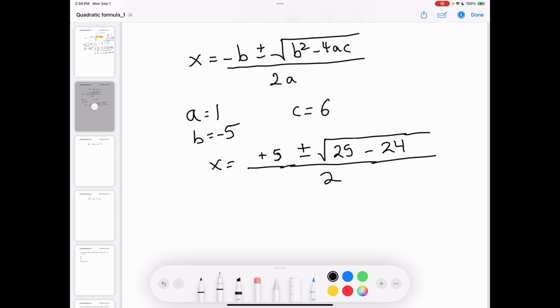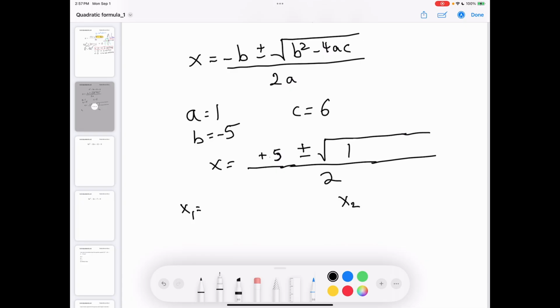Now we have 25 minus 24 inside the square root, so that is just equal to 1. Okay, great. So now I have x is equal to 5 plus or minus the square root of 1, all of that divided by 2. Since the discriminant is greater than 0, I'm going to end up with two solutions, my x1 and my x2.